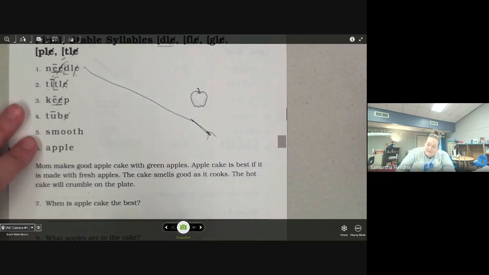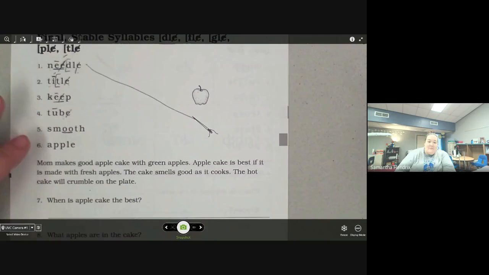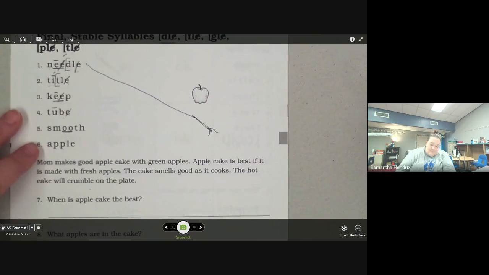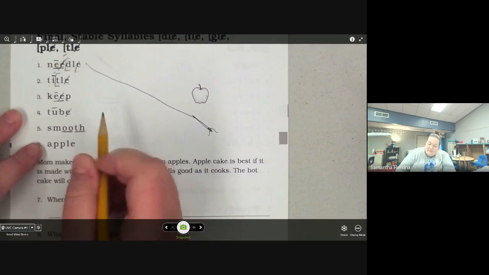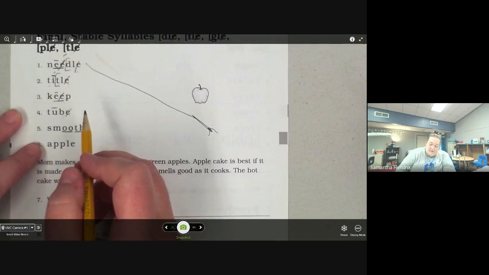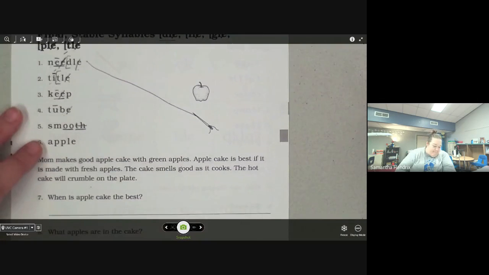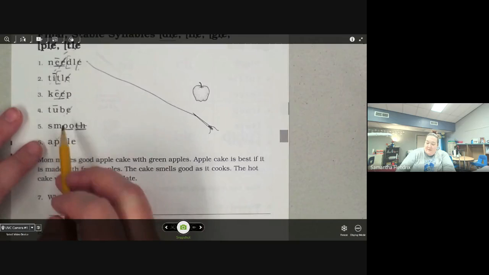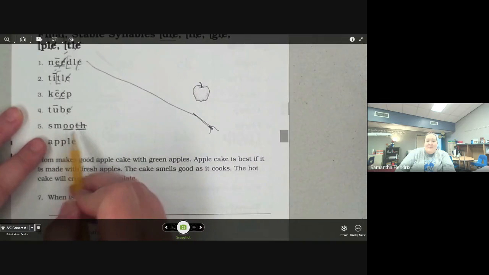Okay. Here's a digraph OO. We have a voiced TH. So we have smooth.